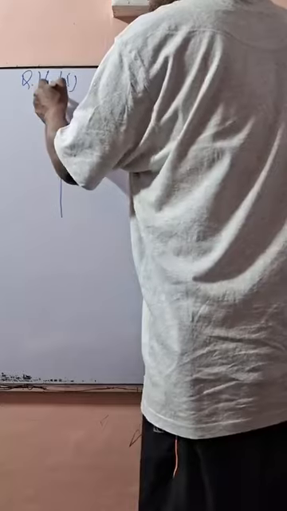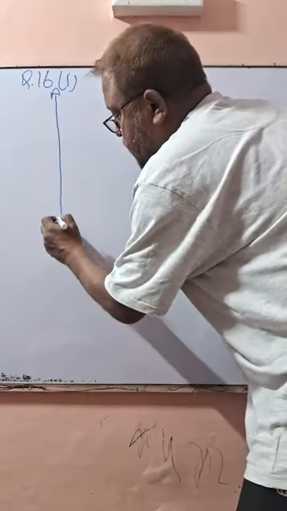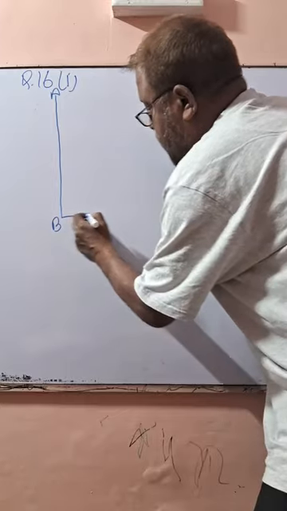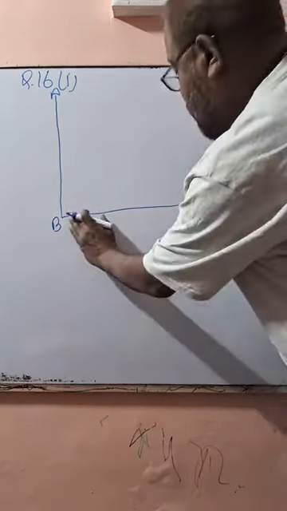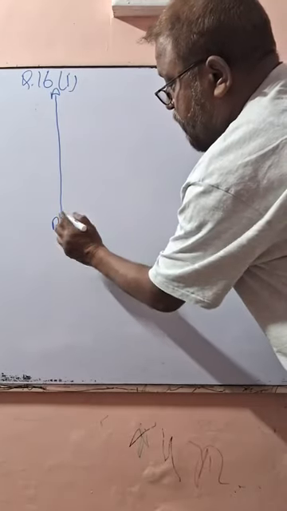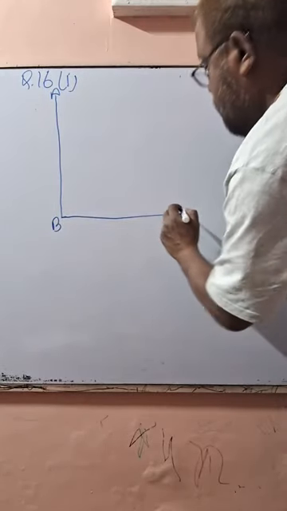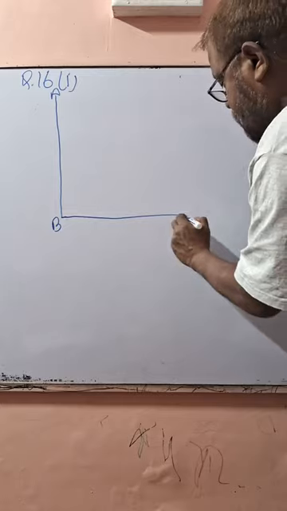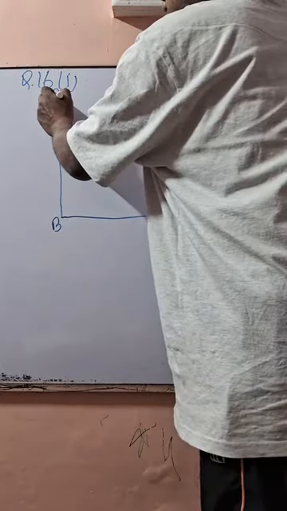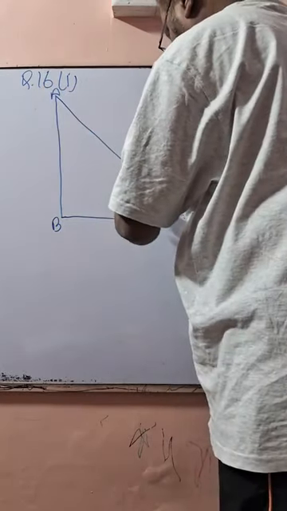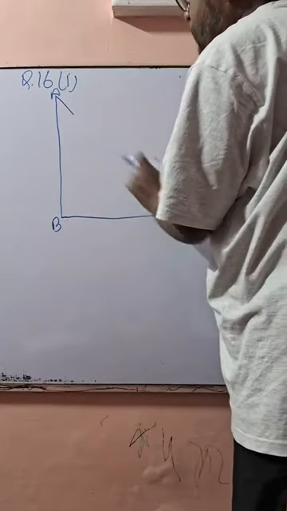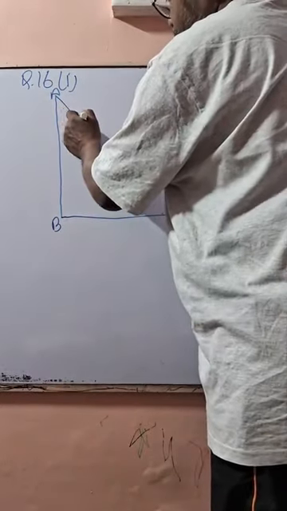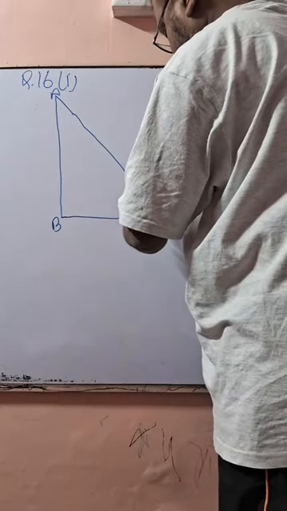This is A, this is B. We have B like this. This is B and this is D. And from A, this is C.